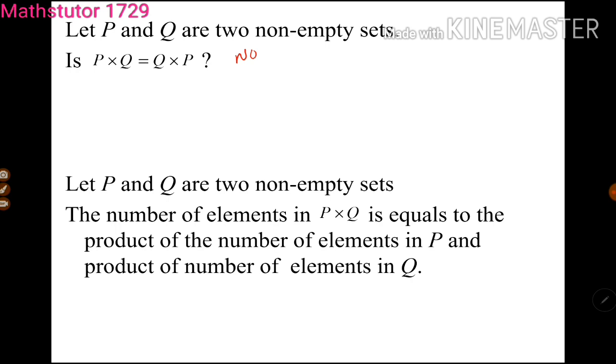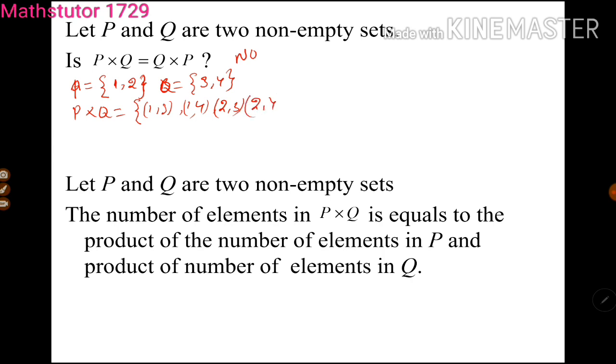Now, for example, let P equal {1, 2} and Q equal {3, 4}. P cross Q equals (1, 3), (1, 4), next (2, 3), (2, 4). Now write the Q cross P.